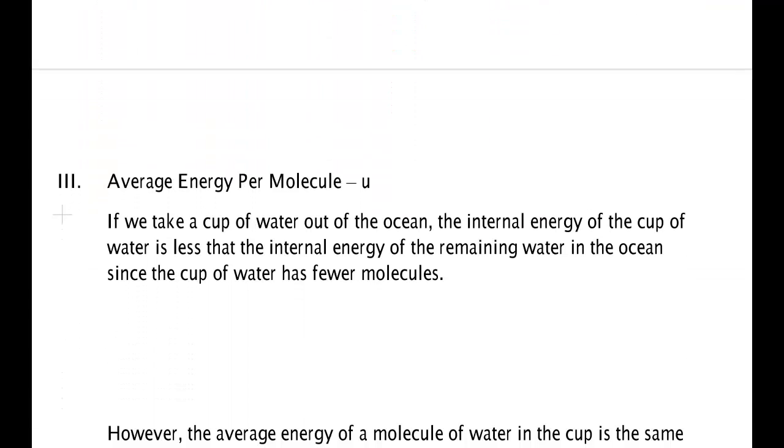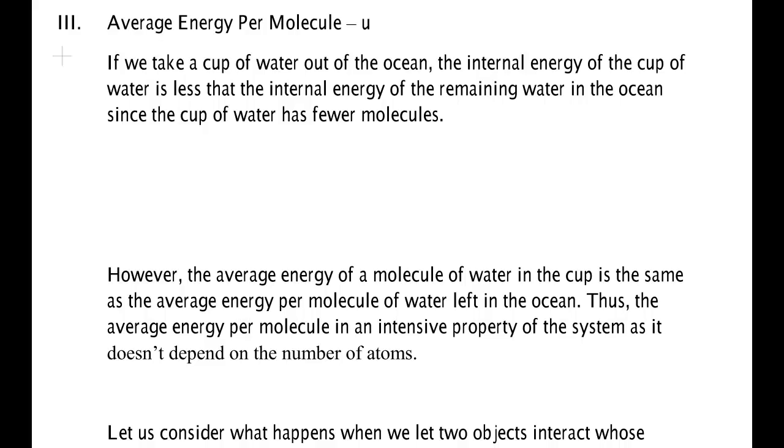This lets us get the idea that we might want to create what's called the average energy per molecule. And when we go to these intensives, we usually use smaller letters. So I use a small u instead of a big U. So this small u is defined as the internal energy divided by the number of atoms, or number of molecules.